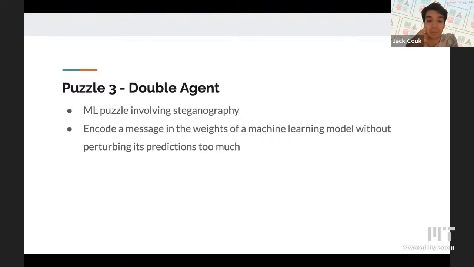I think this is commonly done with images. If you have an image of something, you can encode a message in the pixels of the image by increasing or decreasing them by a certain amount, so that they create some sort of pattern that you can extract out of the image. But I haven't looked into this in a while. So Google steganography if you want to learn more.